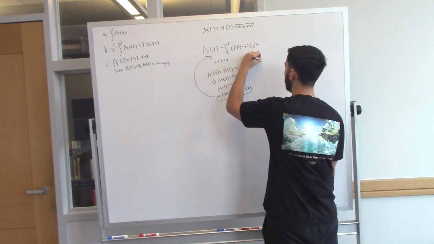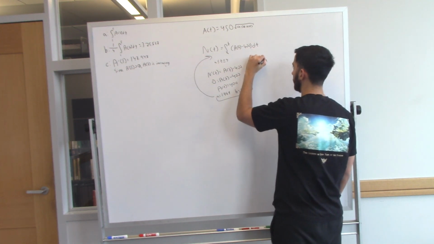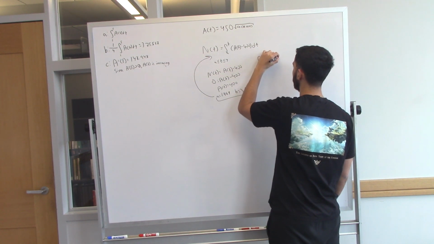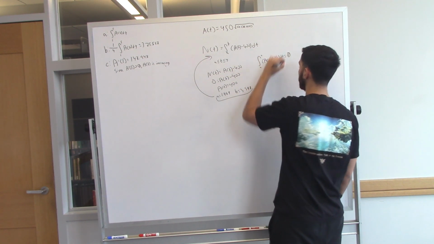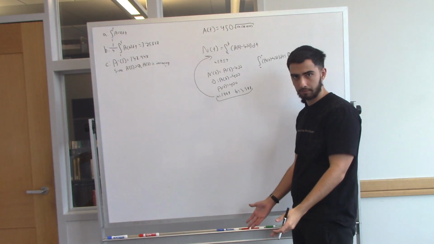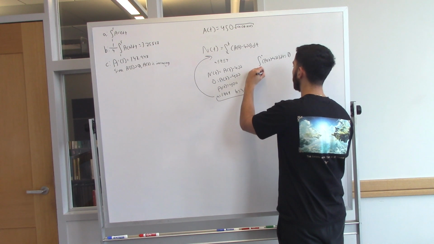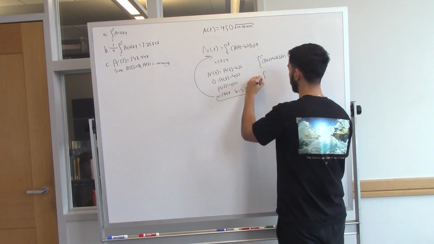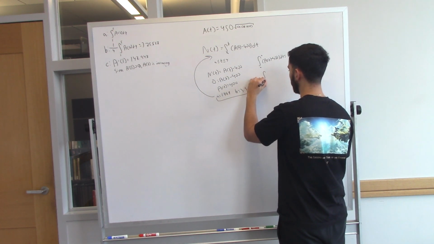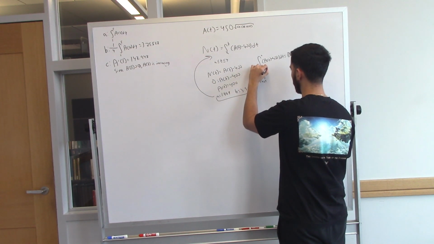Well, we know that the integral from a to a of a of t minus 400 is going to be equal to 0, because the integral from one point to that same point is always 0. So that can't be it. So then let's try the integral from a to b of the same function.